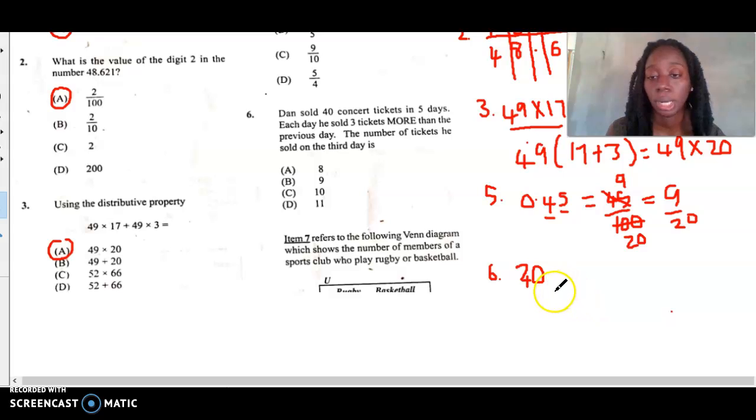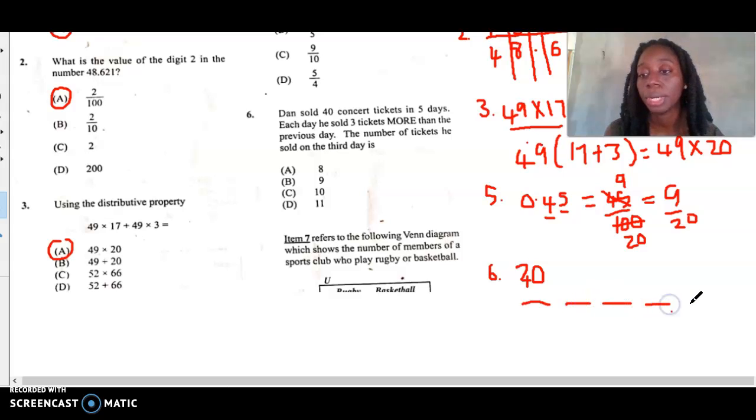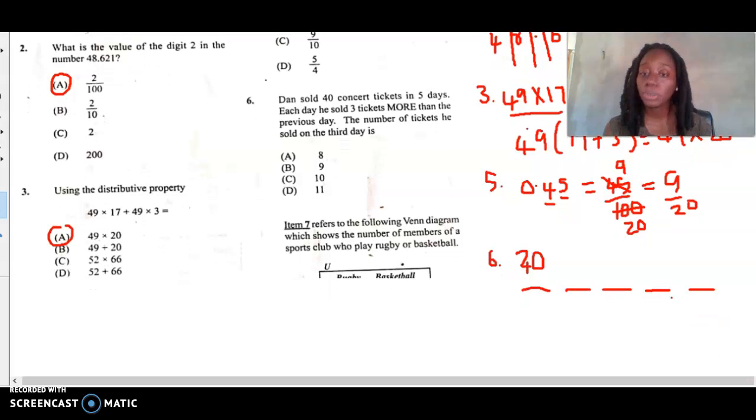Alright, so I'm going to write a dash for day 1, day 2, day 3, day 4, day 5. I'm a visual learner, so it is easier for me to graphically represent my questions.